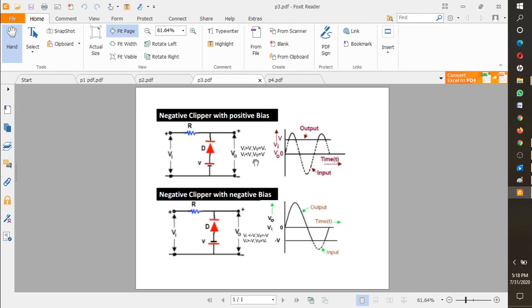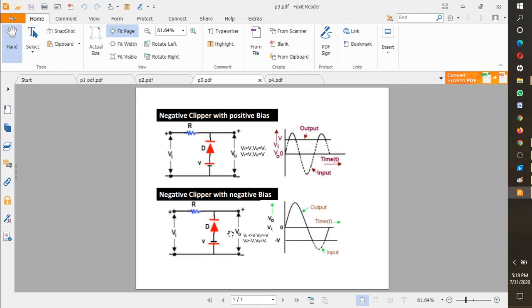For Vi less than V, the diode is forward biased, so again under ideal diode approximation the output voltage will become equal to the reference voltage applied, that is equal to V, which is clear from the output drawn here.